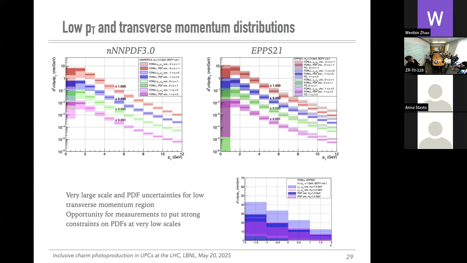Yeah, they're fitted to some data, but there is always a question. You have e plus e minus, you have PP, and then you have EP. There are some uncertainties. Yeah. So this is another moving part here in this puzzle, right?